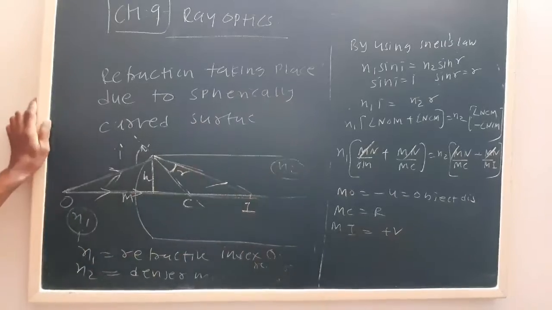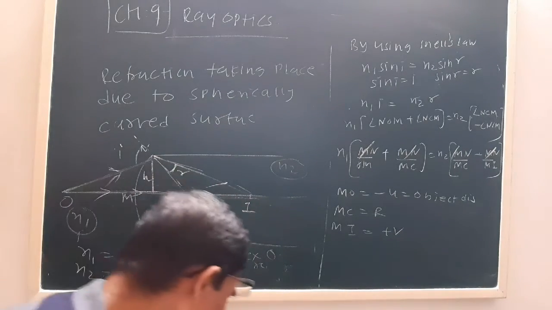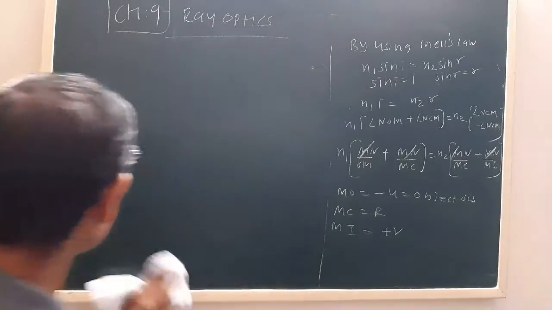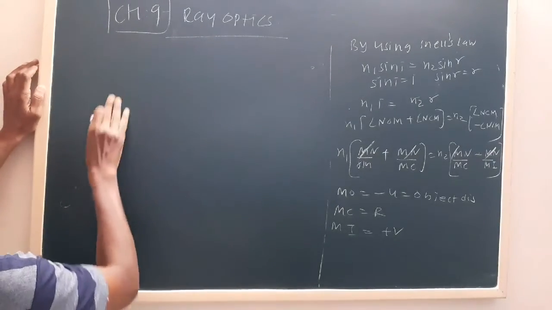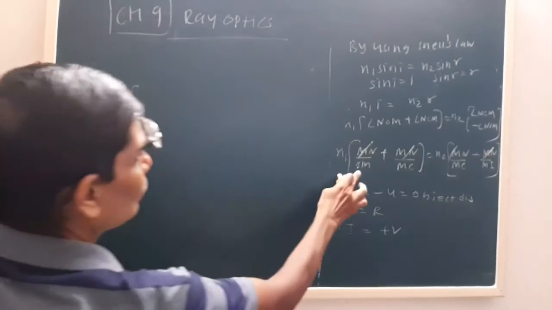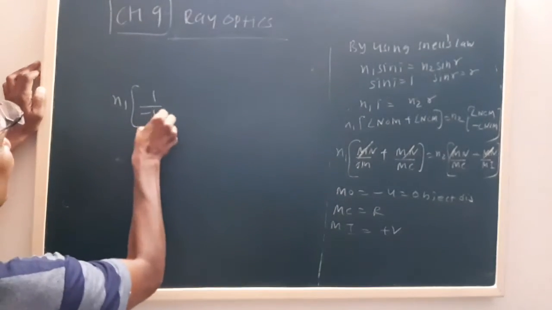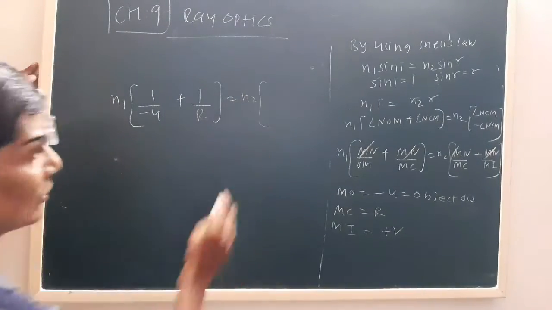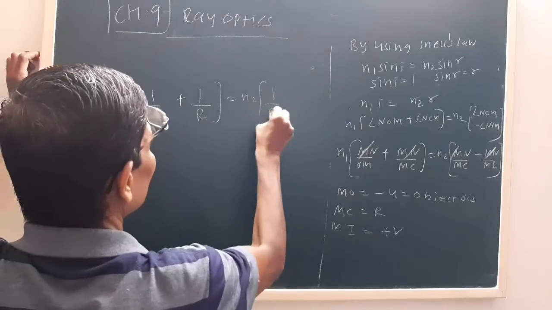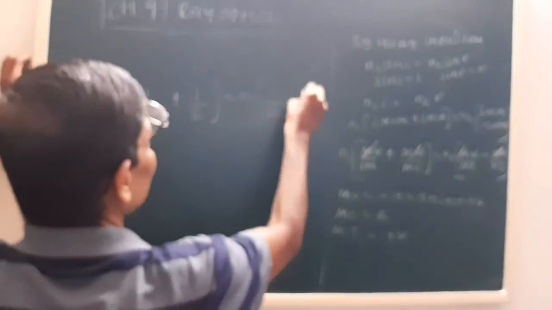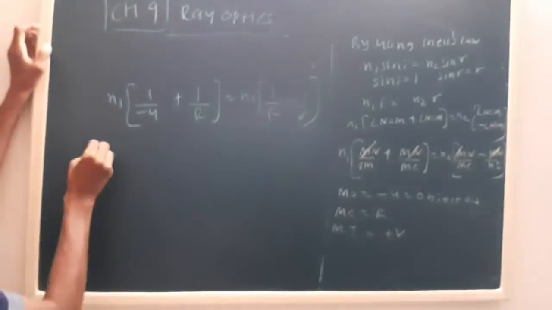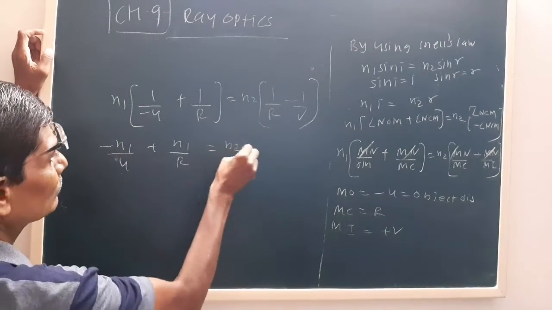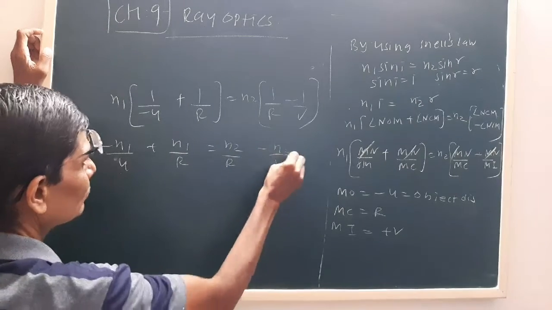Okay, so now if we substitute the values, N1, OM or MO is minus U plus, this is 1 by R. N2, MC is 1 upon R, MI is 1 upon V. Now if I simplify, minus n1 by u plus n1 by r, n2 by r minus n2 upon u.